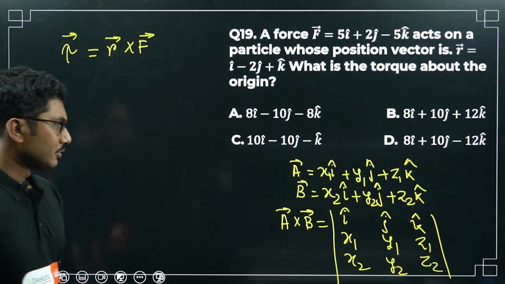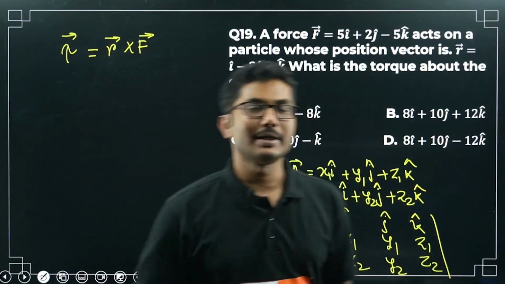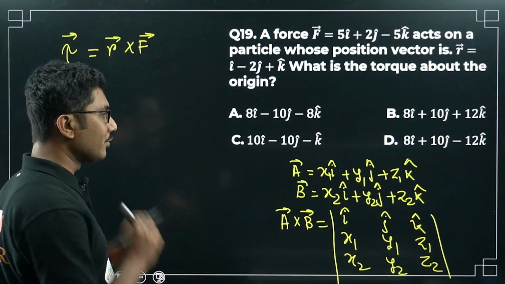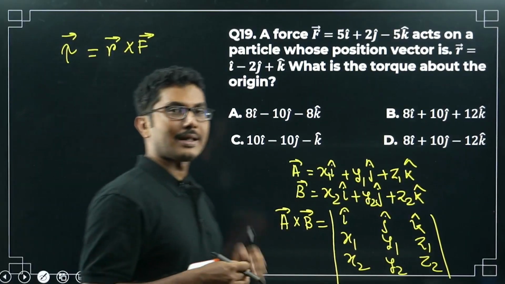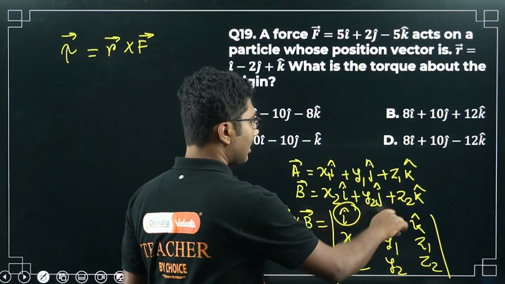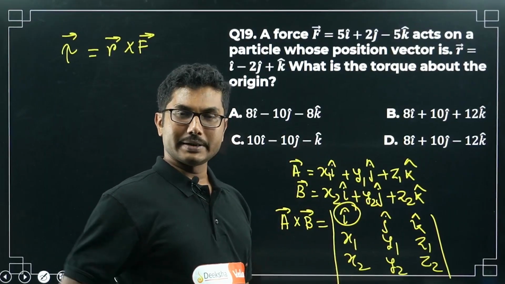So this is the determinant, the same determinant that you learn in mathematics. Nothing different. You can do the same operations. The only thing is that these i, j, k are constants, so you keep them outside the bracket always, and you just need to do the process.